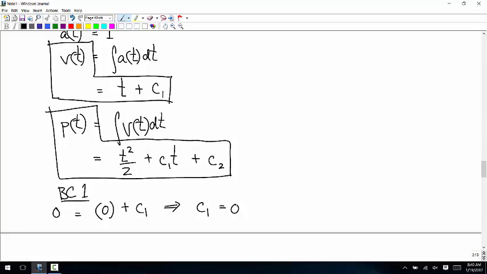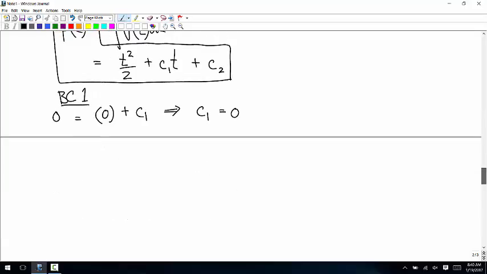So c1 is equal to 0. This might be more steps than you need to make sense out of this, but I'm going to update those functions now. So our velocity function now is equal to t, and our position function is equal to t squared over 2 plus c2.